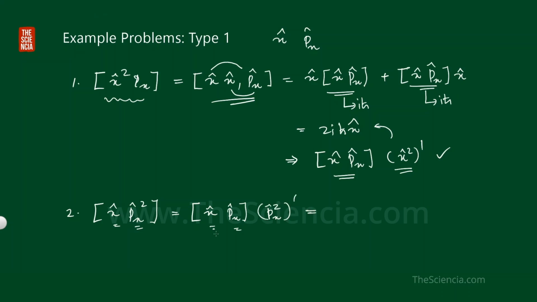So this is equal to the commutator bracket of x cap, px cap, which is i h cross, into the derivative of px cap square, that is 2px cap, which equals 2 i h cross px cap. If you solve in this way, you also get the same result. So this is a tricky method to solve such problems.